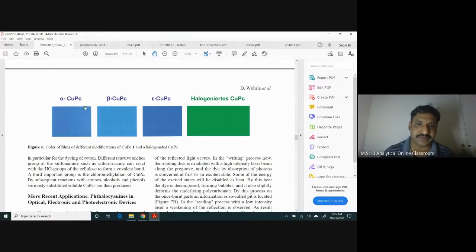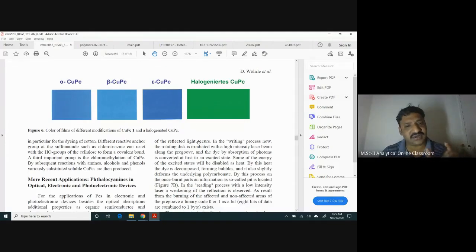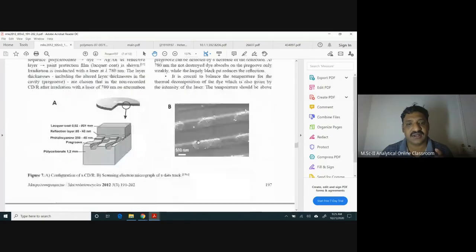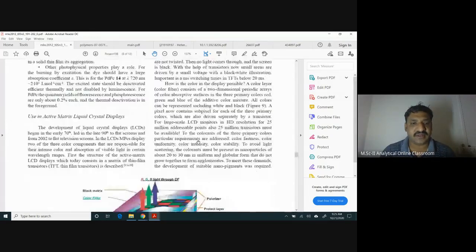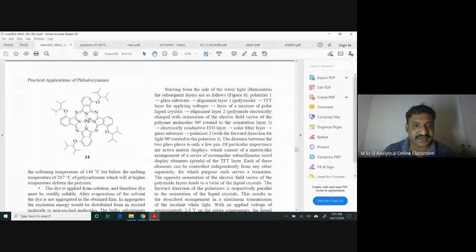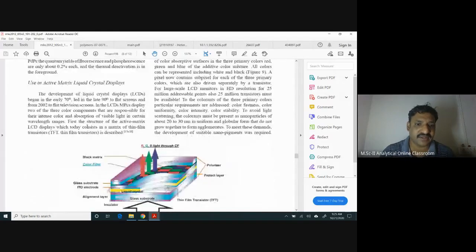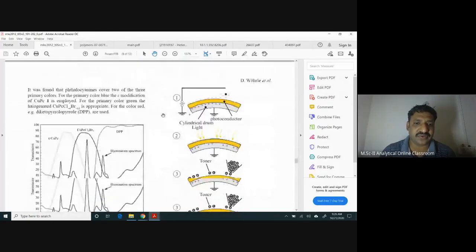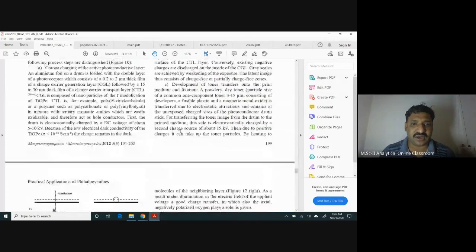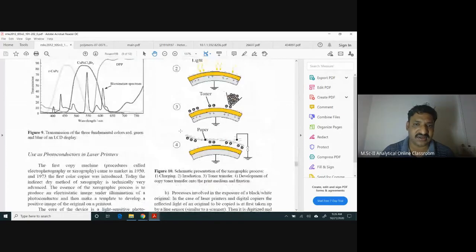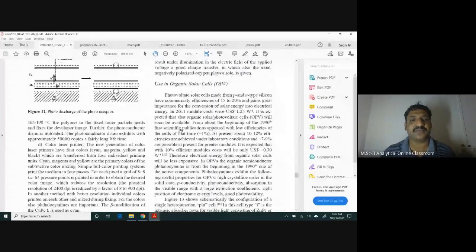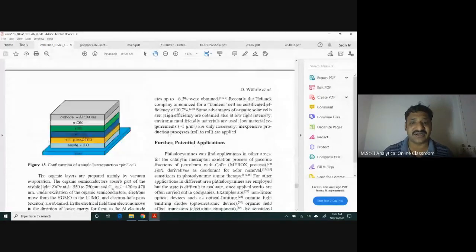So alpha, beta, gamma, and halogenated CuPC. Just write that down in short. Here you see the palladium metal. The structure is the same, but if you change the metal, its activity changes. For your understanding, when you do research after MSc, that type of phenomenon is important for understanding the concept.